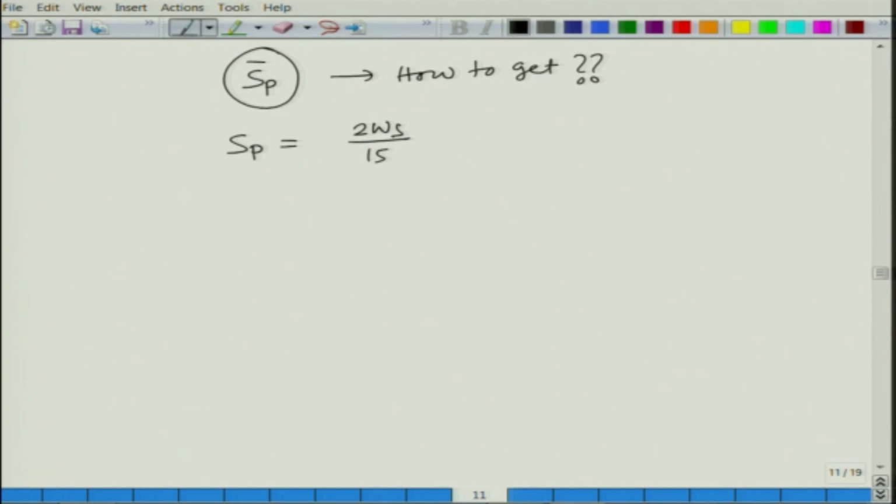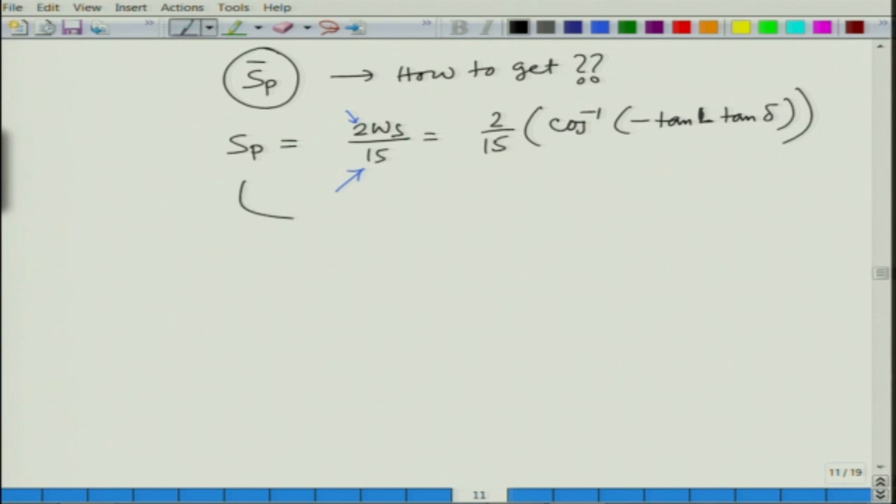You multiply it by 2 because you have sunrise and sunset, and this 15 degree is coming to make it in hours. As we know the value of omega s, again we know this exactly.